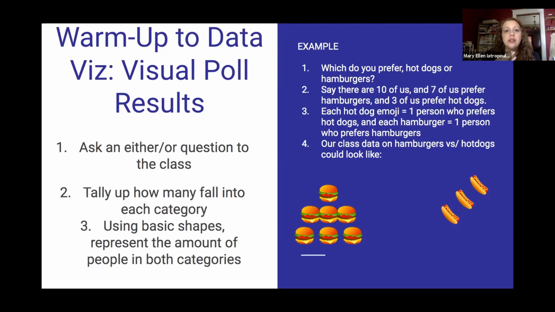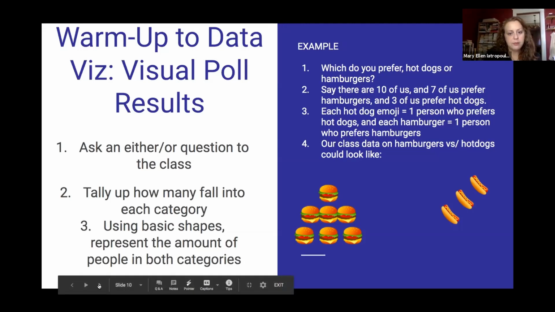Or you could create a pie chart, and you could shade in that 70% of people prefer hamburgers. Once people understand the connection between the numbers and the story that it's telling about the class, the visual stuff tends to spark in their minds.